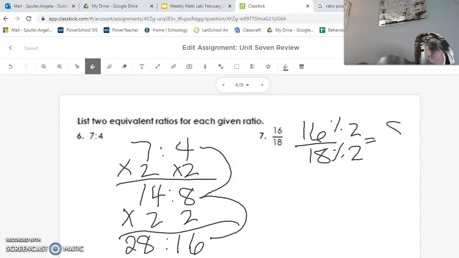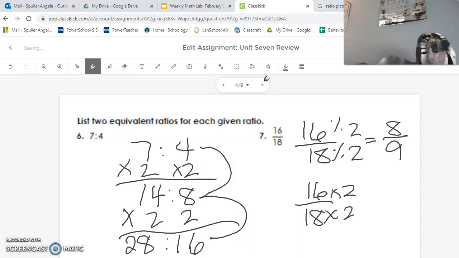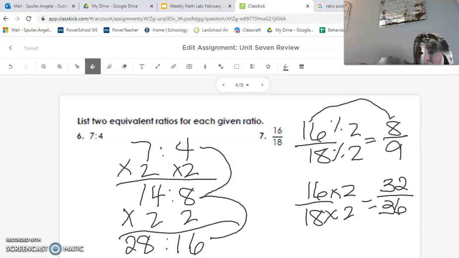This would get me 8 ninths. I can take 16 over 18 and multiply it by 2, and that would get me 32 over 36. Okay, again, equivalent, equivalent.